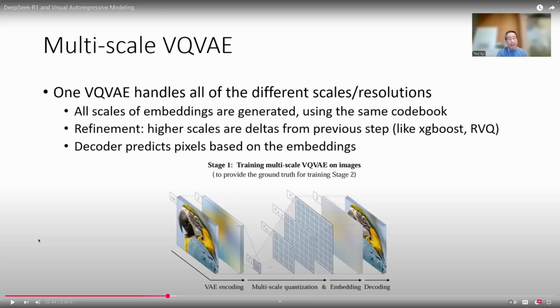Okay, but they're using the same codebook, same model essentially at each level, going from one level to the next? Yeah, and what's now on the screen, this multi-scale VQ-VAE, is going to be important. And what we'll see is that this is actually trained separately from the LLM. So this is an autoencoder.